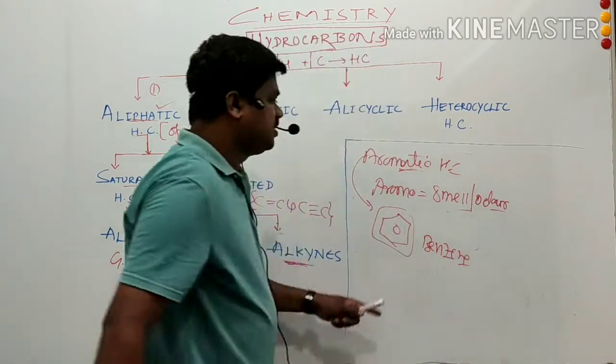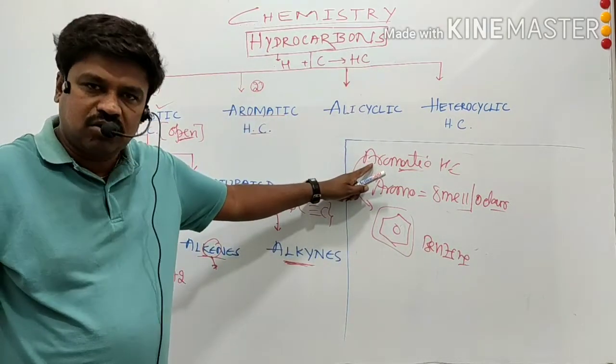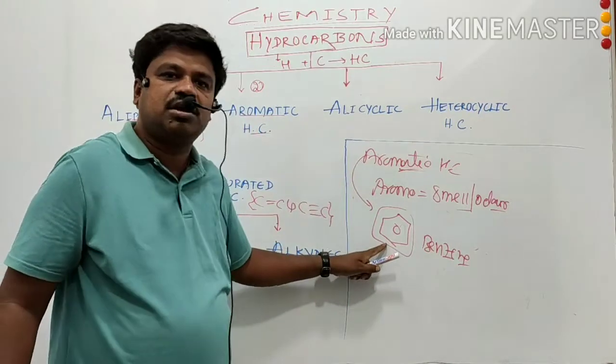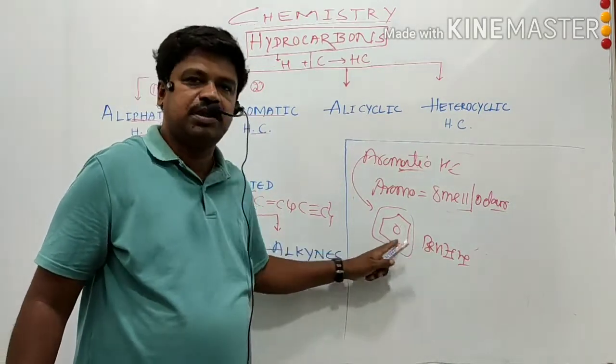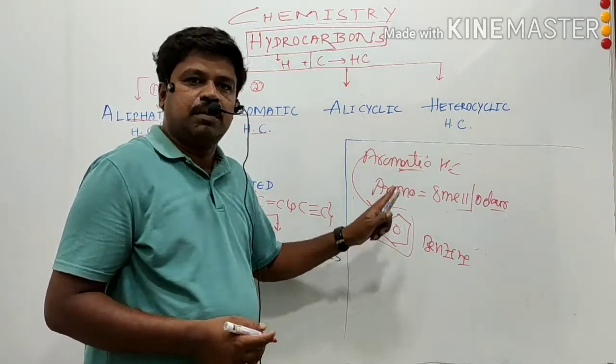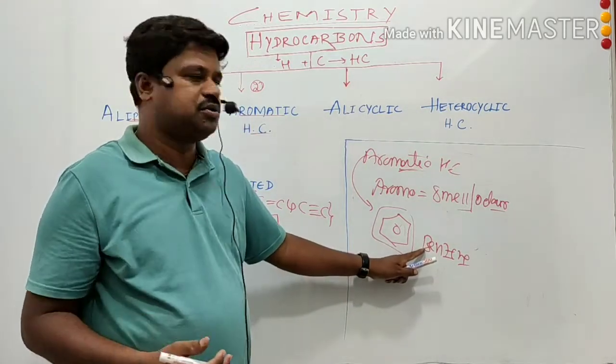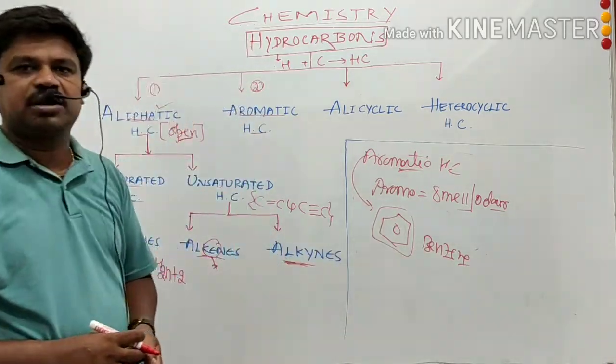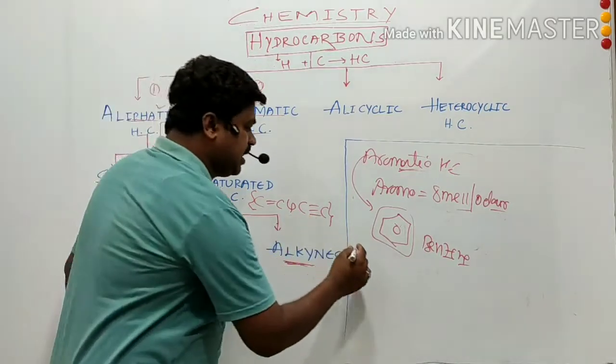So the definition is like this: these are the hydrocarbons which must contain at least one benzene ring in the compound. In simple words, benzene and its derivatives we call aromatic hydrocarbons.